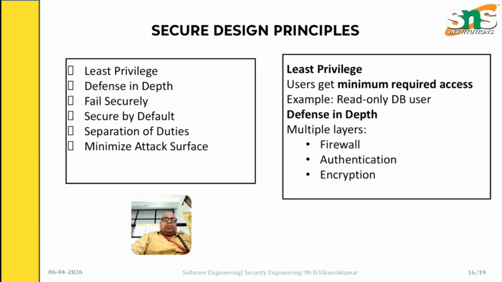Minimize attack surface. In least privilege, the user gets the minimum required access, for example, read-only for a database user. Defense in depth means you are going to have multiple layers, consisting of firewall, authentication, and encryption.